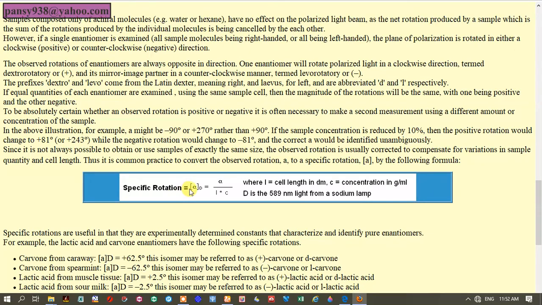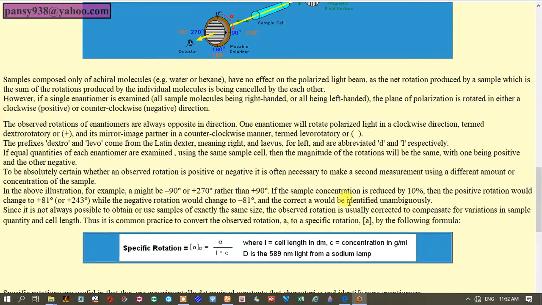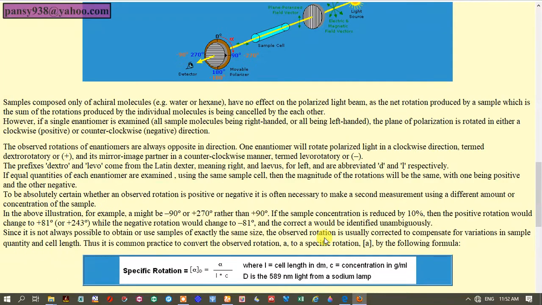The specific rotation, alpha D, is equal to alpha divided by L into C, where L is the cell length in decimeters, C is the concentration of the sample in grams per milliliter, and D is the 589 nanometer light from a sodium lamp, which is usually used as the light source.